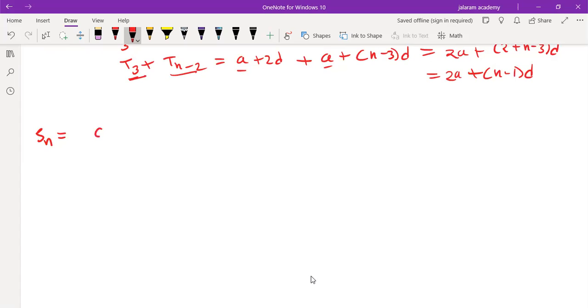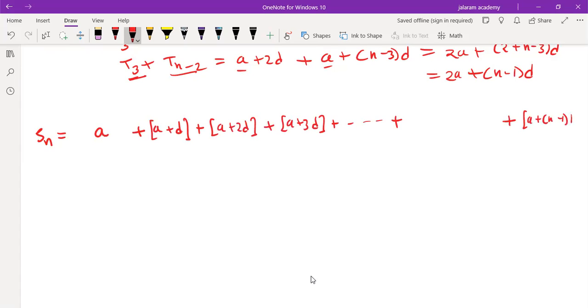Now write again, first term A, second term A plus D, third term A plus 2D, fourth term A plus 3D, nth term A plus n minus 1 into D.